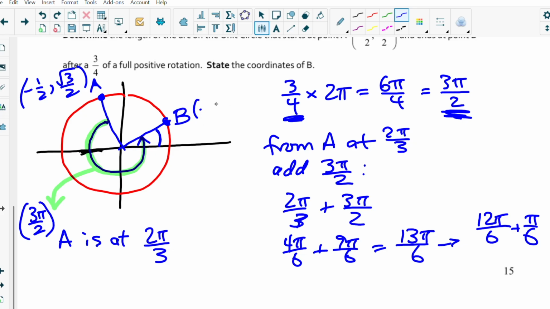I know that that point is square root of 3 over 2, comma 1/2.